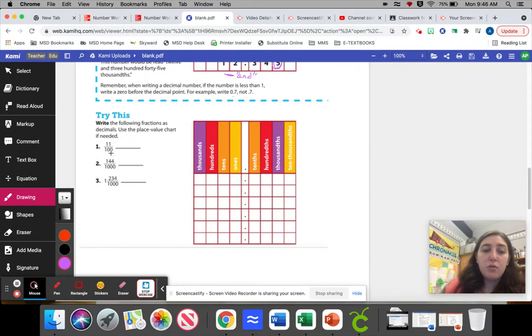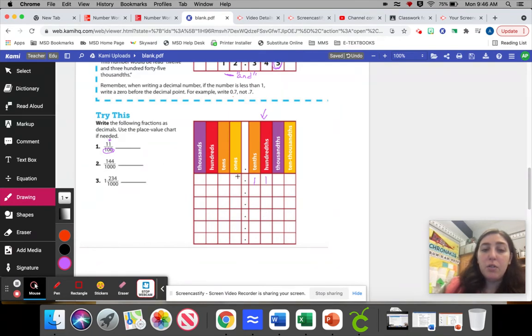So 11 hundredths. Well, the 1 ends in the hundredth spot, right? That's why we wrote 100 in the denominator. So let's see where the hundredth spot is in our place value chart. Hundredths is right here. So the 1 ended in the hundredth spot, and we know there was a 1 before it, so we're going to write that in the tenth spot.